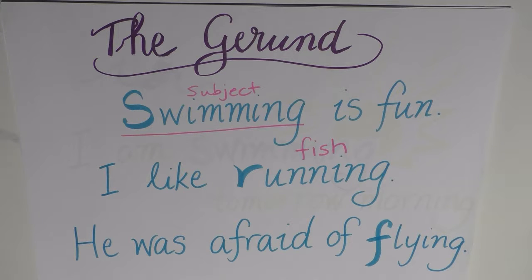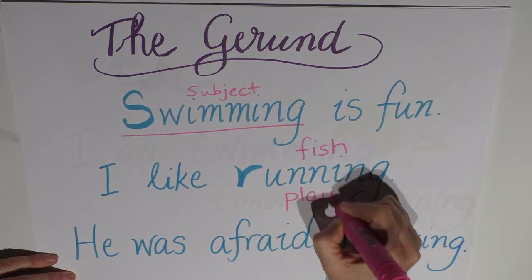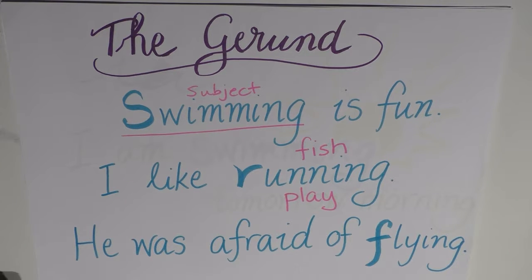Yes, this is a perfectly valid sentence. But what happens if we do put another verb there? What about play? Play is a verb. I like play. Well, that's not going to work. The only way I can make that work is if I put an S on the end of it, therefore turning the play verb into play noun with S plural, and once again it's fulfilling that noun role.